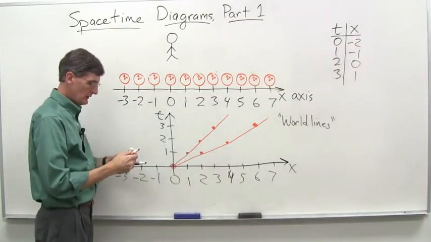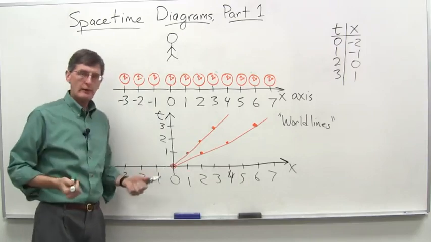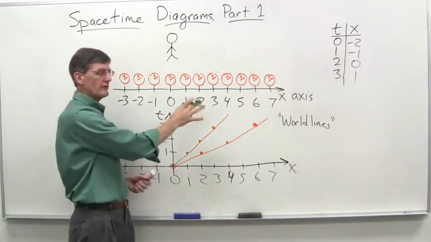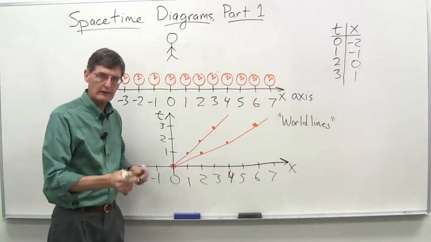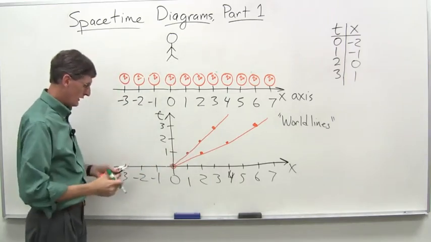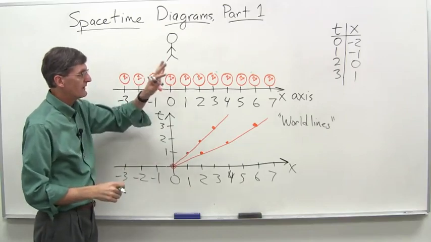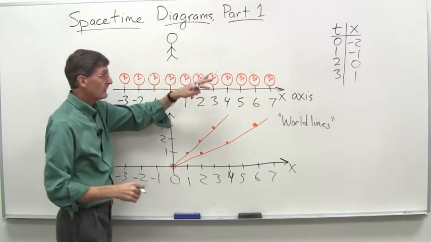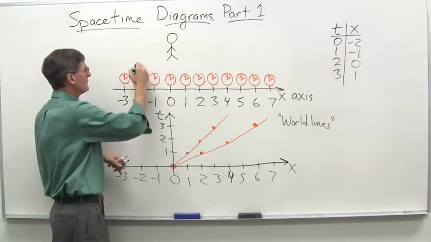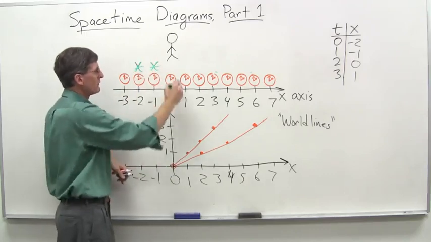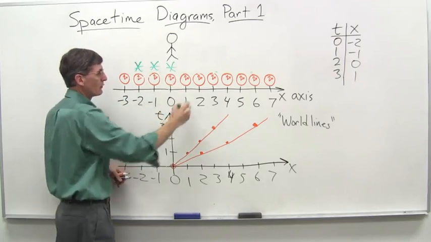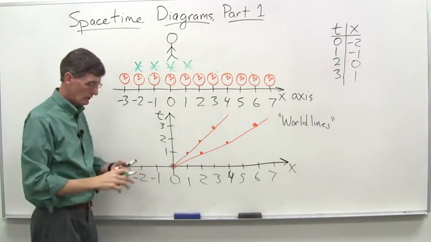Okay, so now, and you might actually pause it and do that plot and see what you get here. And then we'll come back and see how we plot it here. So we've got t equals 0, a flash at -2. So here's our first flash, second flash at -1, third flash at 0, and fourth flash at 1.